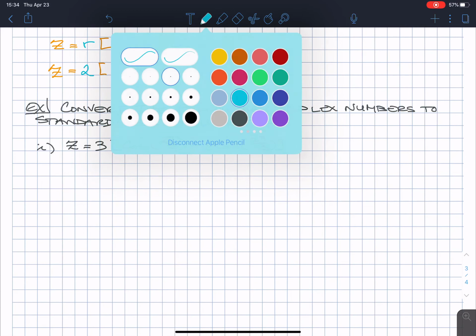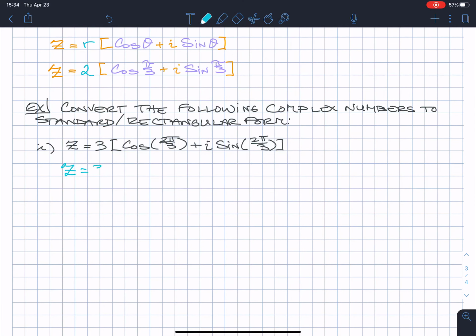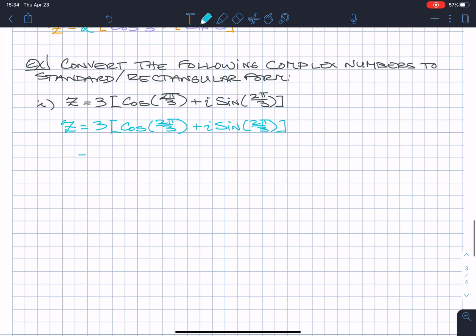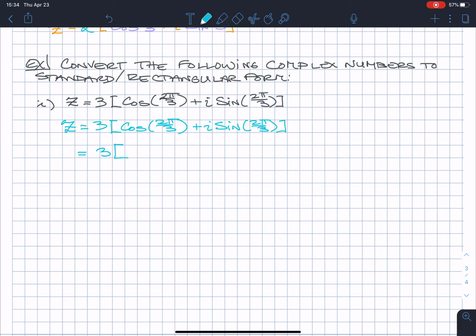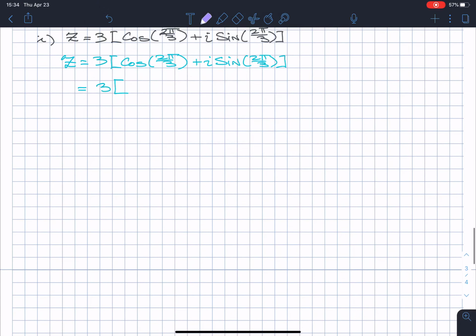Okay, so we have that z is equal to 3 times cosine of 2 pi over 3 plus I times sine of 2 pi over 3. So we just need to evaluate. Inside the bracketed remark, let's look at cosine of 2 pi over 3. What is cosine in quadrant 2 with a reference angle of 60 degrees? That's negative 1/2. Plus I times sine of 2 pi over 3.